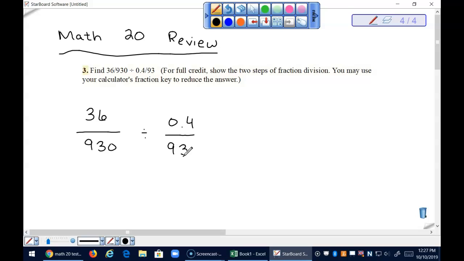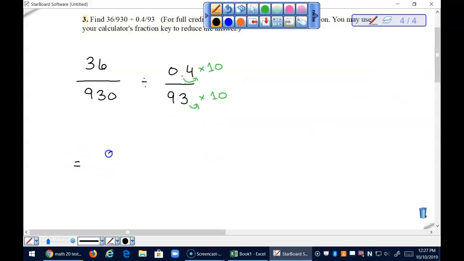So you're saying if you multiply both by 10? Yes, great. If I multiply by 10 top and bottom on this fraction, that's going to scoot the decimal point once. So now I have 36 over 930 divided by 4 over 93.